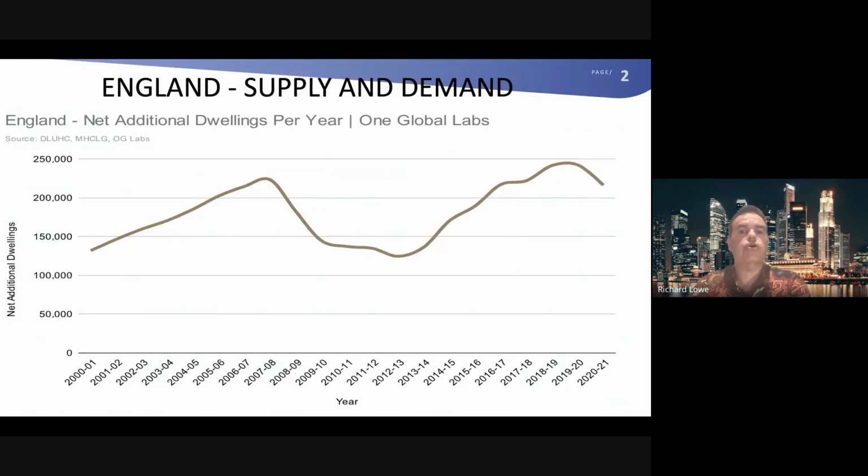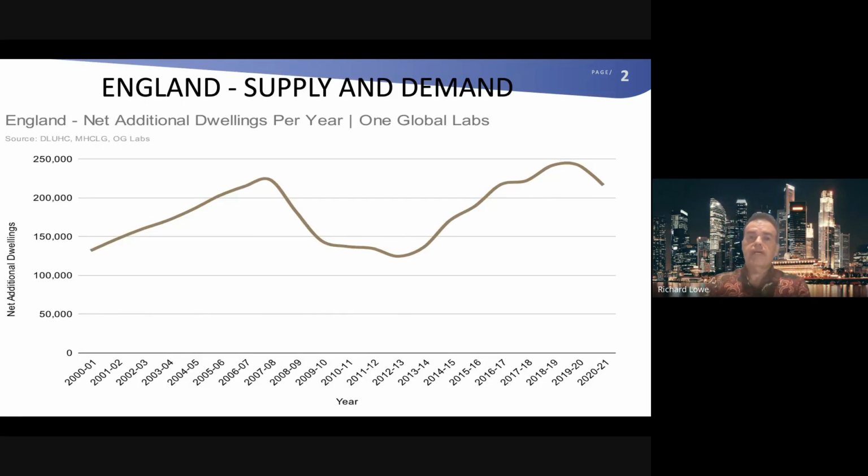This is a graph showing the number of properties delivered on average each year. We can see that from the year 2000 on the far left, we're looking at about 130,000 units. Around 2019, it peaked at just under 250,000 units delivered.